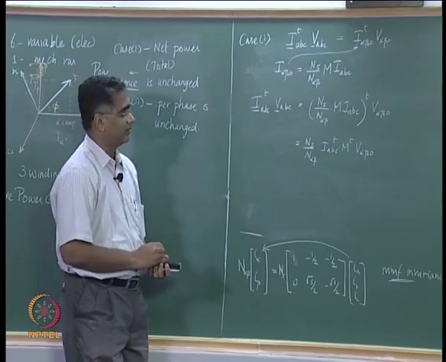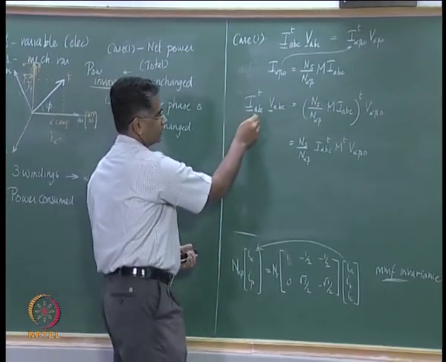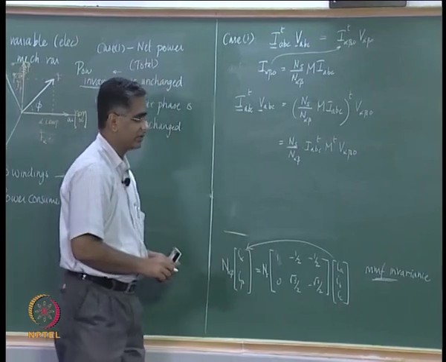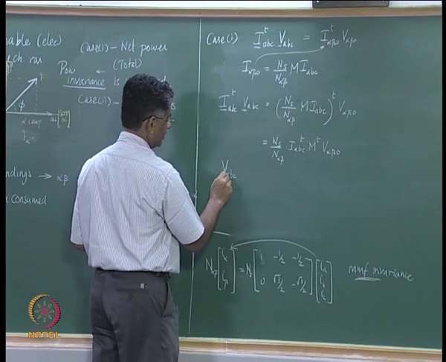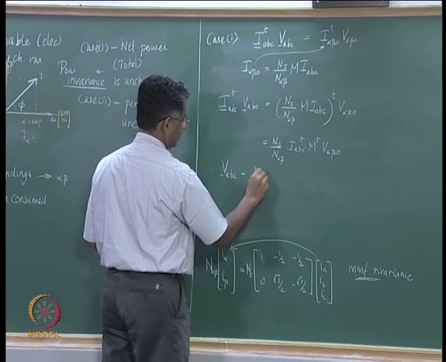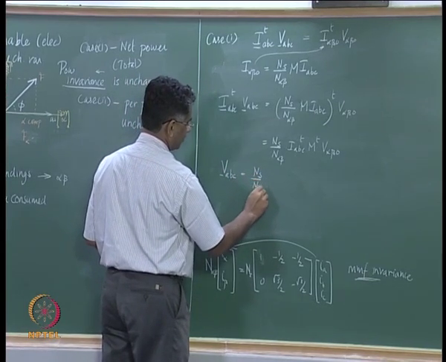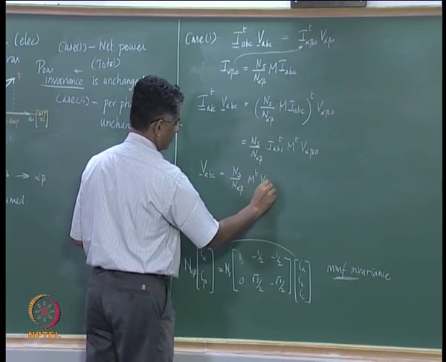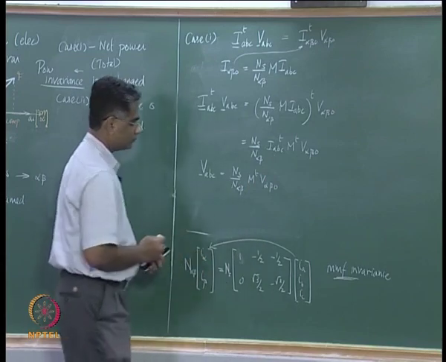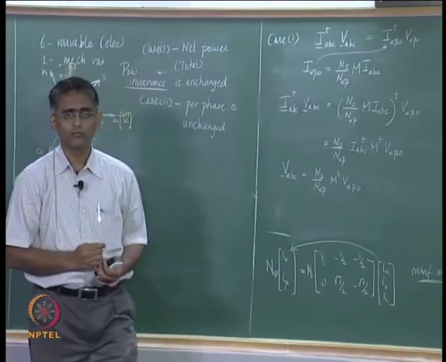So, what we find is that if the left hand side now has to be equal to the right hand side, we need to define VABC as ns by n alpha beta into M transpose V alpha beta 0. This is what we get.